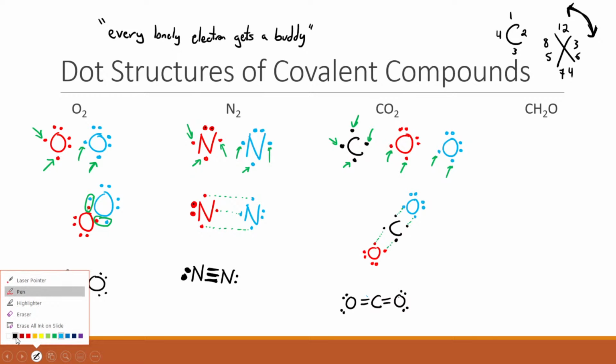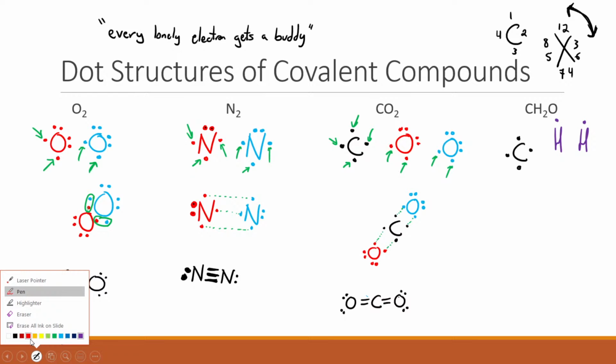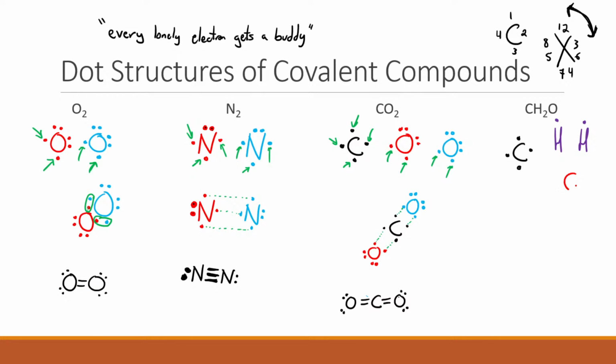Our last example over here is going to, again, showcase carbon with its one on each side orientation. Hydrogen twice, 1 valence electron each time. And an oxygen, which we are going to get red for the sake of having it be a different color.